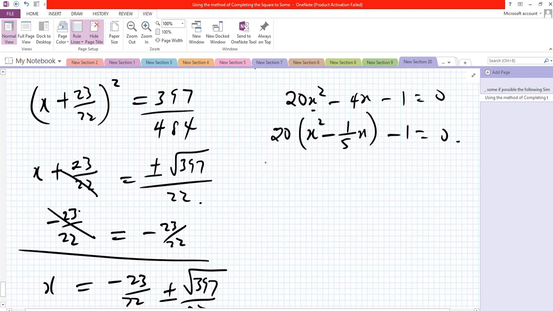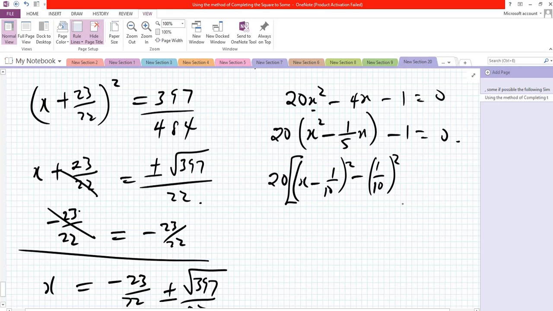So what we have now is a 20 bracket open. We say x. Now we take this sign here, we say minus. What we're going to add here is half of the coefficient of x. Half of the coefficient of x is 1 over 10 all squared minus half of the coefficient of x all squared.